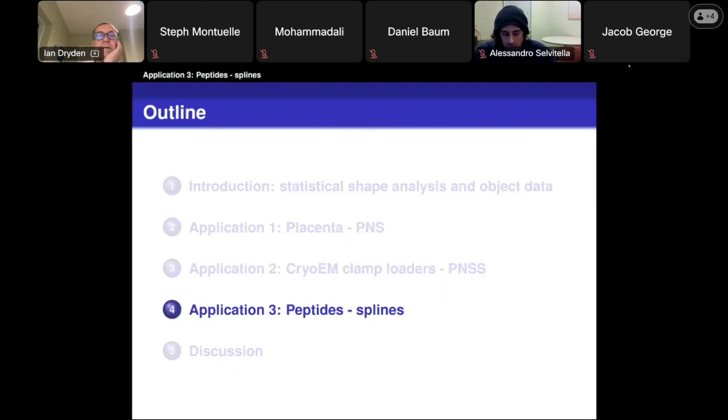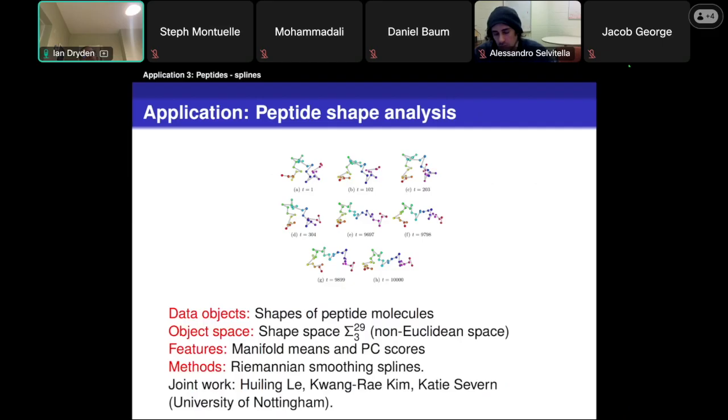So the final one is where we have shapes which can be quite spread out, and it doesn't really matter too much about the application. We've got some peptide molecules, a much smaller number of points here, but the key thing is on the shape manifold we can implement a spline.